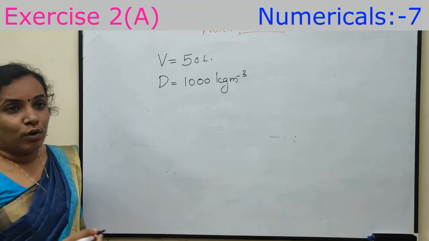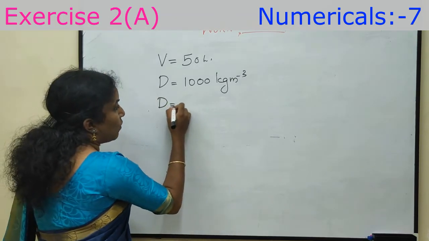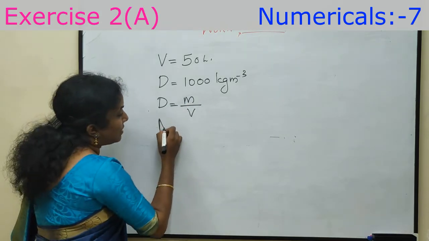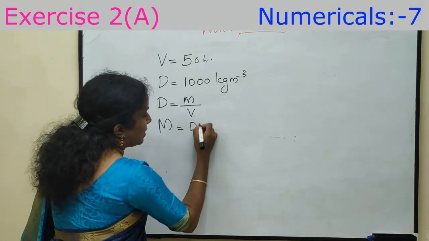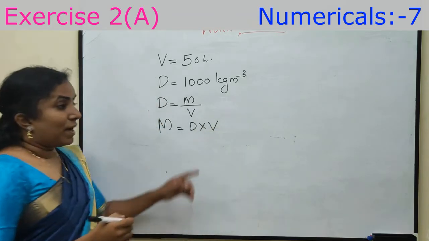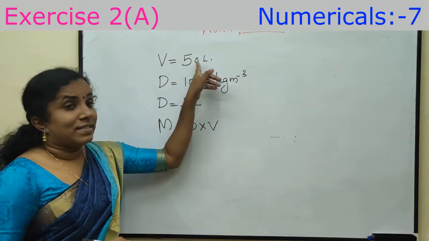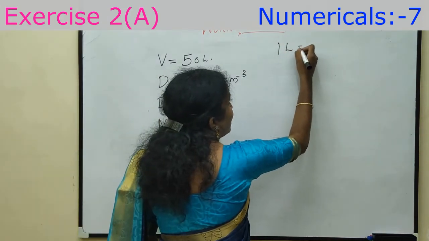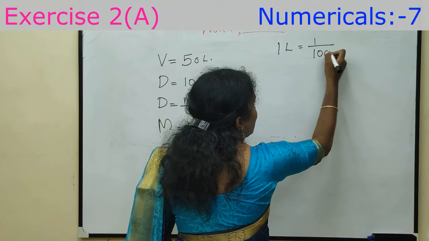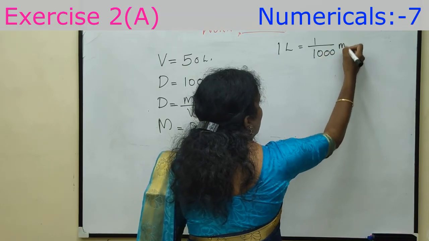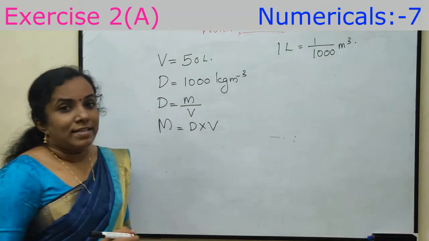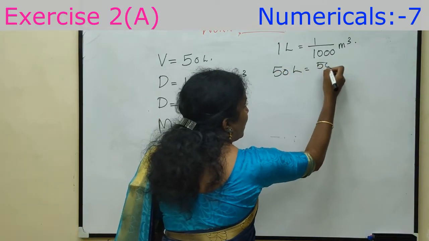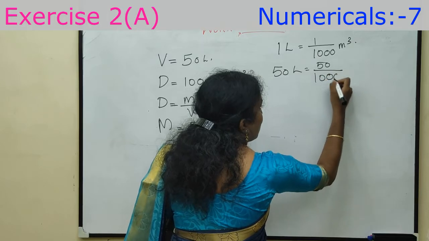As we all know, density is equal to mass by volume. Hence, mass is equal to density into volume. But here, the volume is in liter. 1 liter is 1 by 1000 meter cube. Hence, 50 liter is equal to 50 by 1000 meter cube.